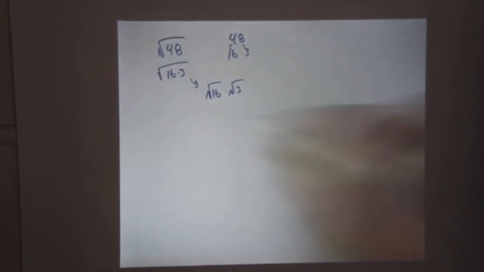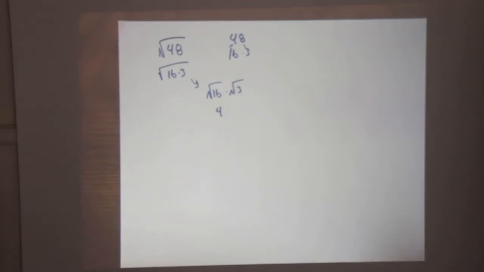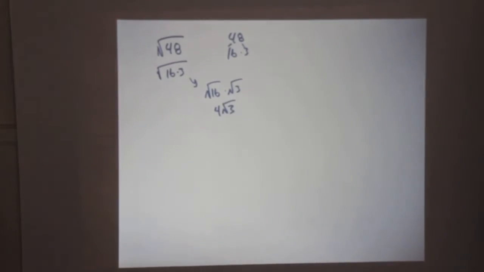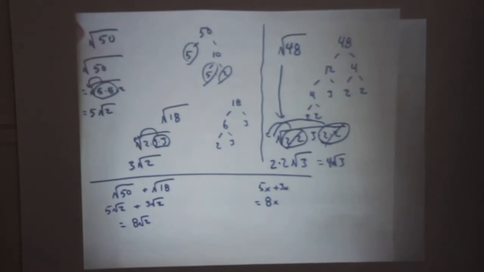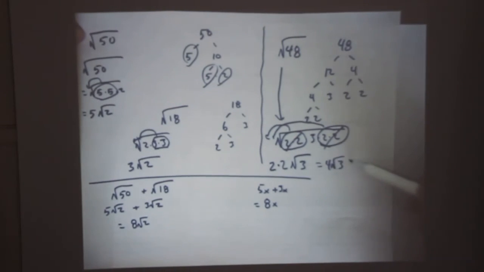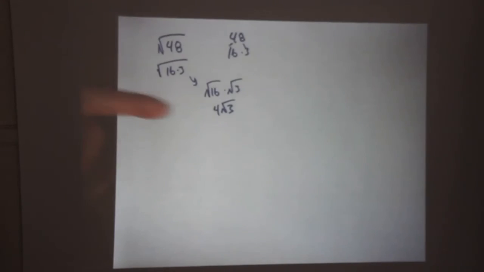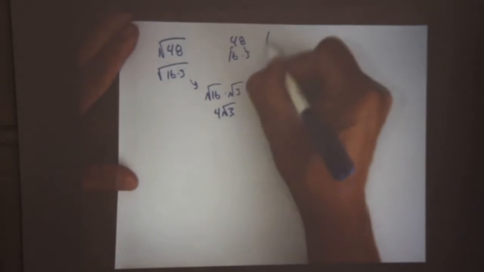And then the square root of 16, well, that's 4, because that's a perfect square. Square root of 3 is not, and there's nothing else you can do to break it up because it's prime, so 4 radical 3, which is the same answer that we got breaking it up with prime factors. 4 radical 3 was what we got using this factor tree method. But if you can recognize values straight away, it's a whole lot easier.